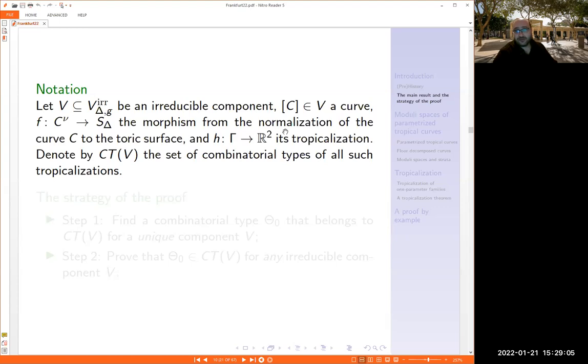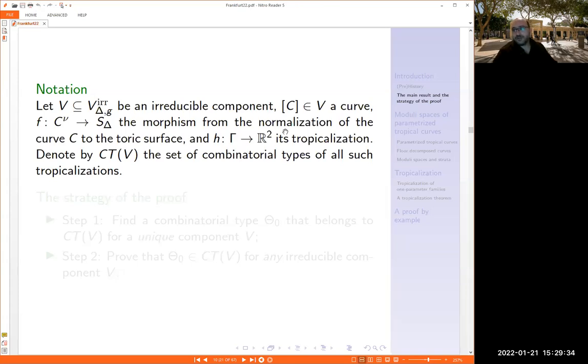So let V be an irreducible component, and let us pick some curve C in V parameterized by V. Let us consider the natural map from the normalization of this curve to the toric surface. Then this map admits a tropicalization. I will briefly remind what tropicalizations are later on. I hope that everyone is more or less familiar with this notion, but if not, just wait for the formal introduction.